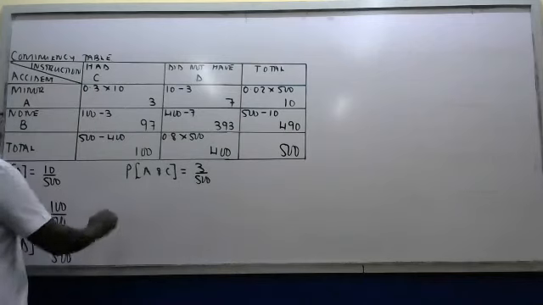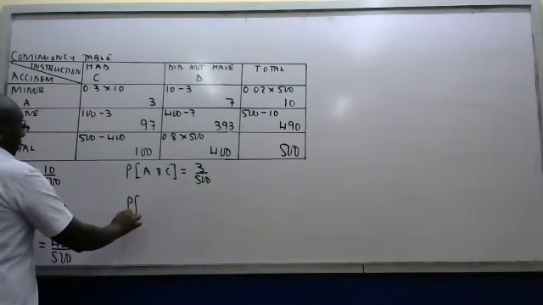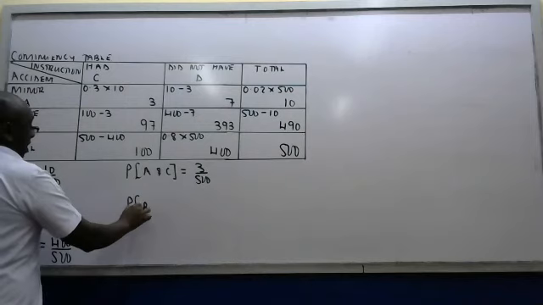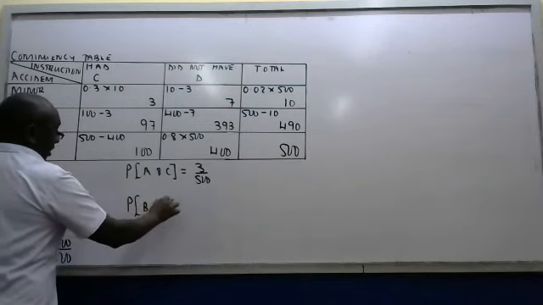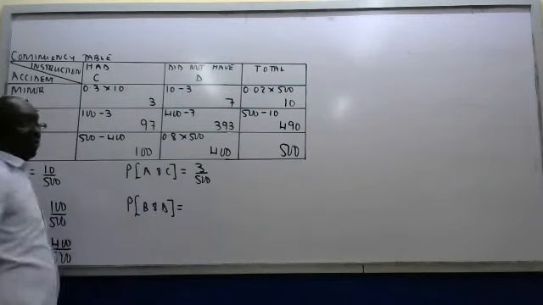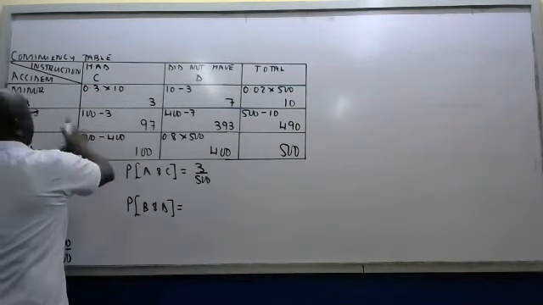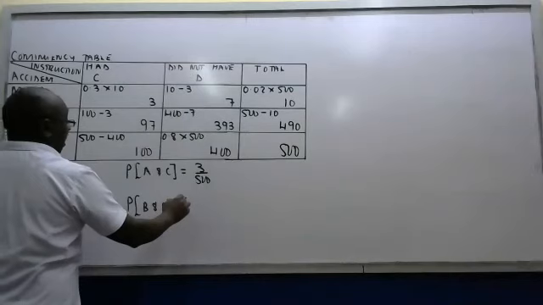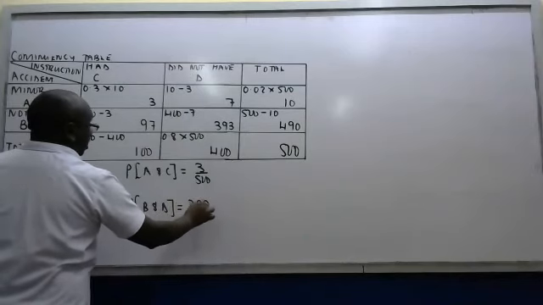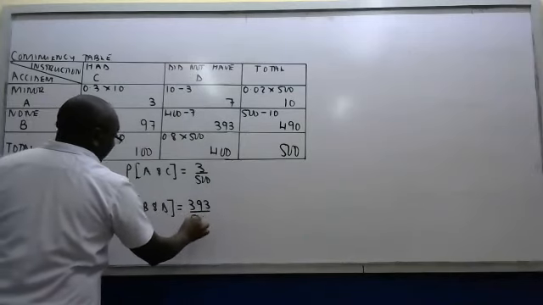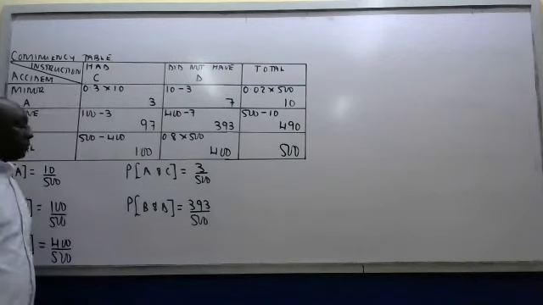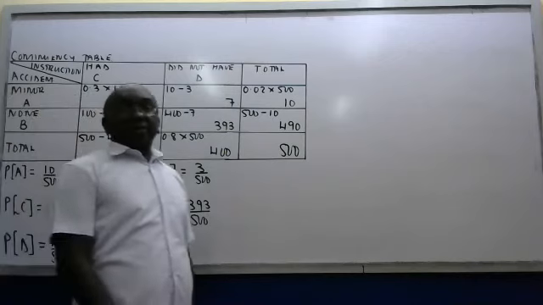Similarly, if you are told probability of B and D, it will be where B meets D. That is 393 out of 500.